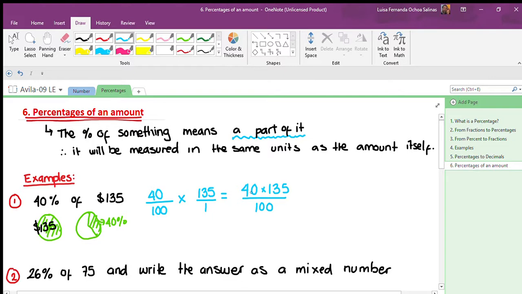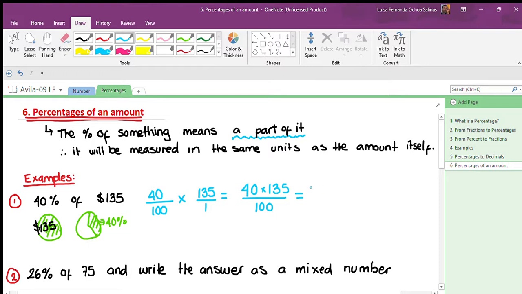Anytime you're finding the percentage of an amount, write it as a fraction and multiply by that amount. So you do 40 times 135 divided by 100 in your calculator, and you will get that the answer is 54.